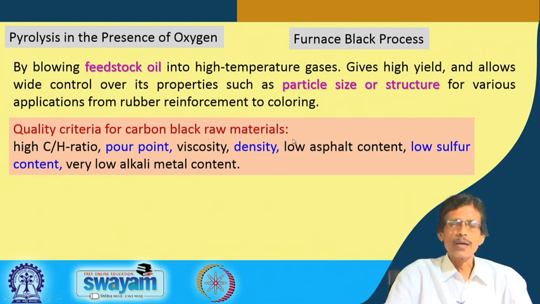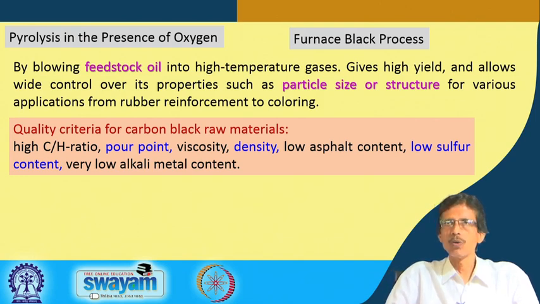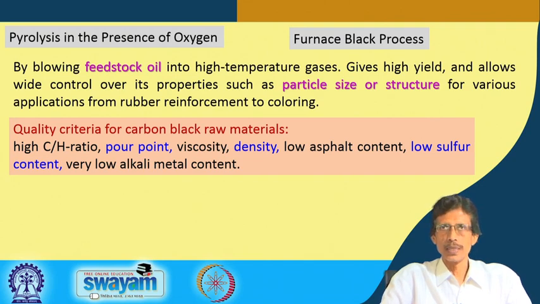So, the carbon black raw materials, what we will be looking for is what sort of carbon black material you have prepared. You can have a very high carbon to hydrogen ratio, such that not much hydrogen is there. That means hydrocarbons. We all know methane, which is CH4, a hydrocarbon basically. So, you have 1 carbon and 4 hydrogens.